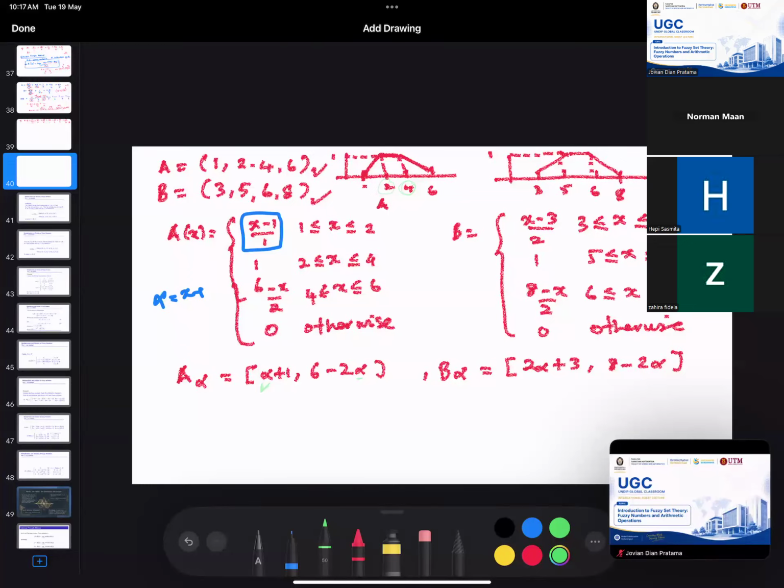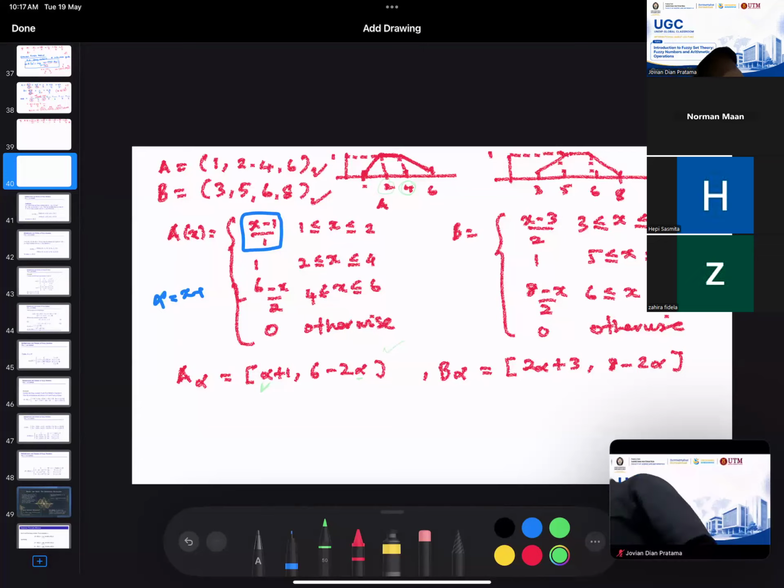If A alpha represents the alpha cut for the triangular membership function, when you substitute the value of alpha inside the equation, you will get only one x, because triangular membership function only has one peak, not like this one. D is trapezoidal, so you will get an interval of values of x for alpha equal to 1.